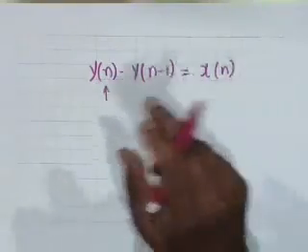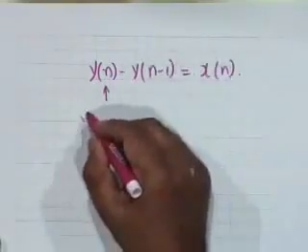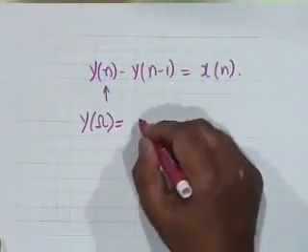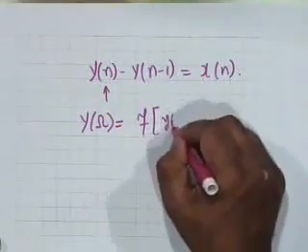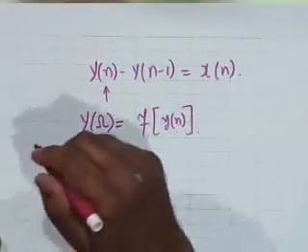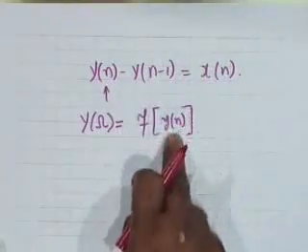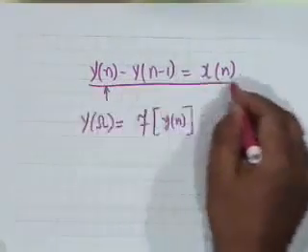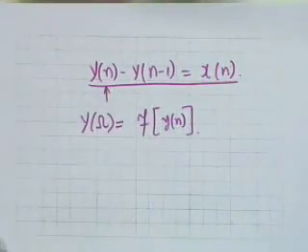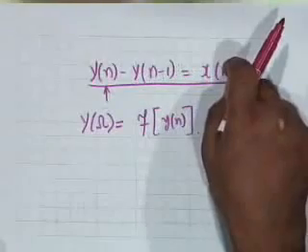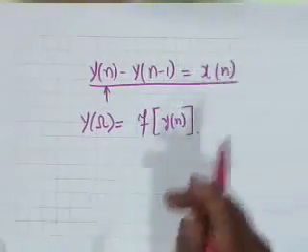At least there is a subtraction, and therefore when we are finding out capital Y of omega, which is the Fourier transform of y of n, we cannot take care of the average value if we find out capital Y of omega from this relationship. Is the point clear?